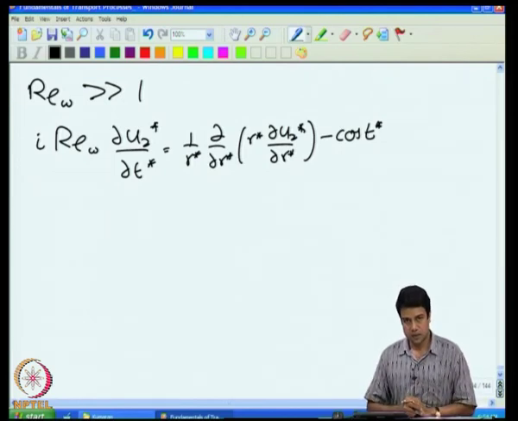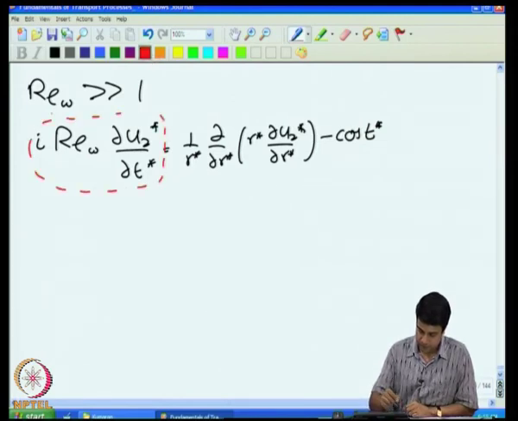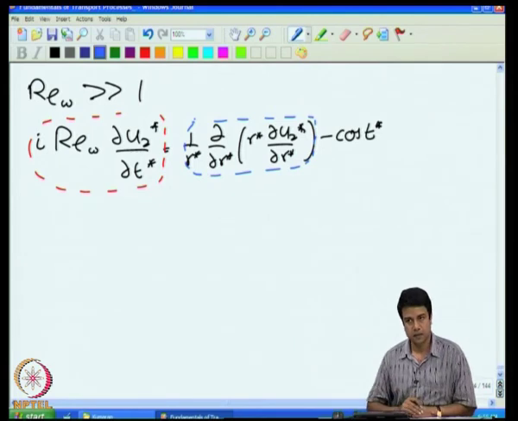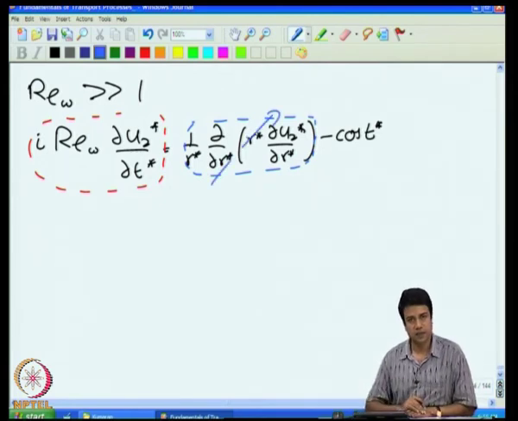When Re is large compared to 1, you would expect this term to be large compared to this one. In that case, can we just go ahead and neglect this term and solve the rest of the equation and get a velocity profile?